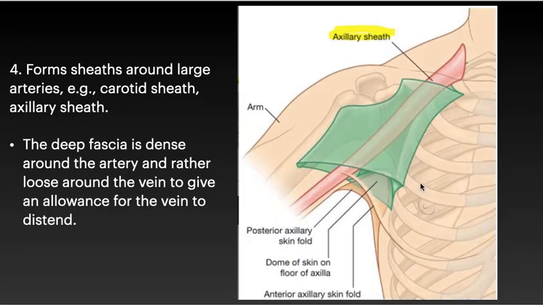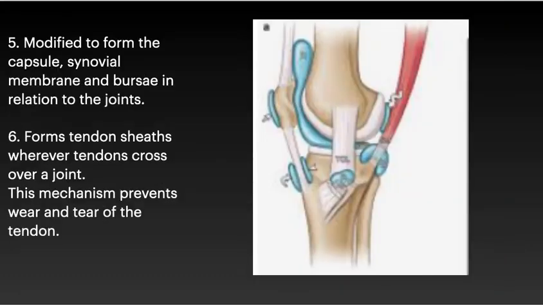The deep fascia is dense around the artery and rather loose around the vein to give an allowance for the vein to distend. It is also modified to form the capsule, synovial membrane, and bursa in relation to the joints, forms tendon sheaths wherever tendon crosses over a joint.